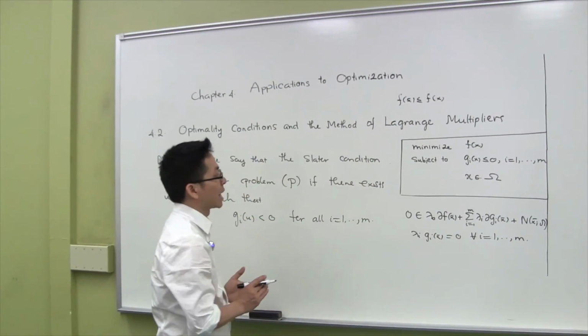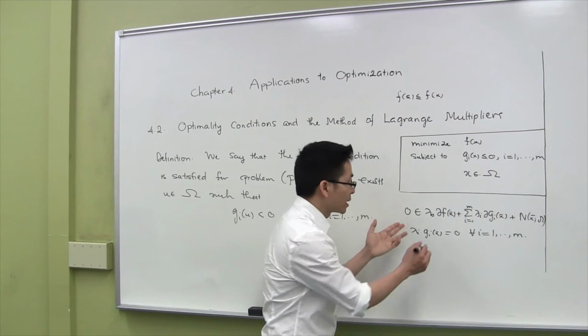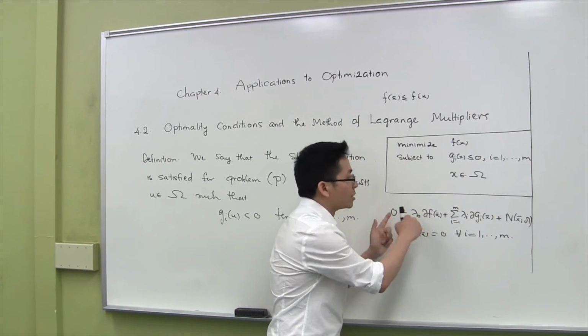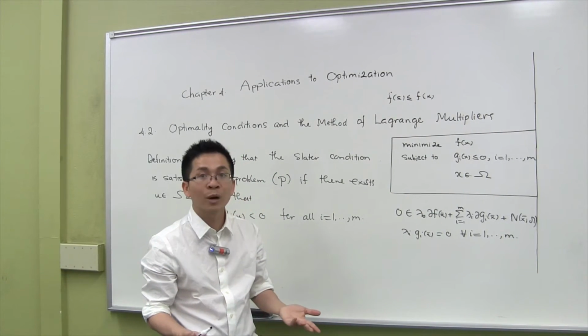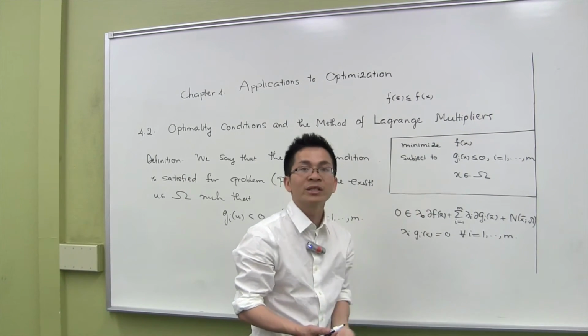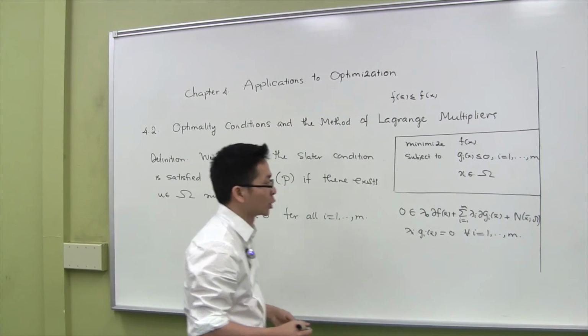Under that condition, under the Slater's condition, we can show that lambda naught is not 0, and therefore we can assume that lambda naught is 1 by again dividing both sides by lambda naught, and that is the content of the next theorem. Okay.